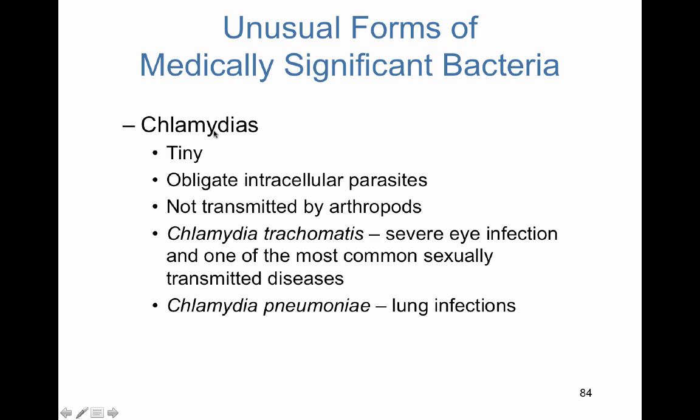Also, chlamydias additionally function as obligate intracellular parasites. And if you've heard of chlamydia, the STD, which is actually a very common STD, this is caused by Chlamydia trachomatis. It also can cause blindness or trachoma, and Chlamydia pneumoniae can lead to a respiratory infection as well.